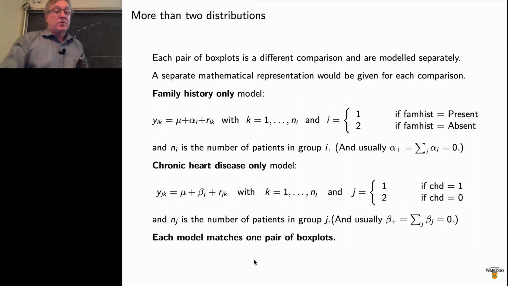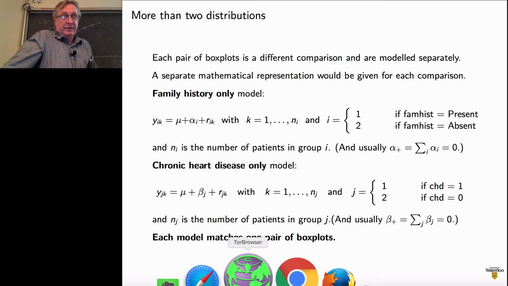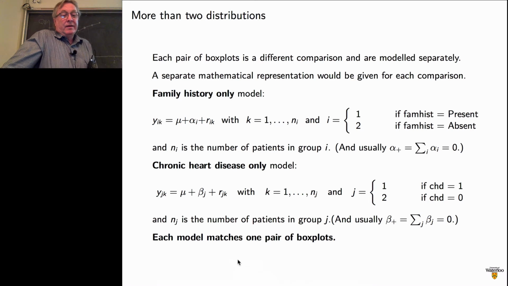Each one of these models corresponds to a box plot. So when you're doing your test of hypotheses in a formal mathematical way, you'd be testing whether alpha i was 0, or alpha 1 equals alpha 2, etc. Right? And similar for the betas.